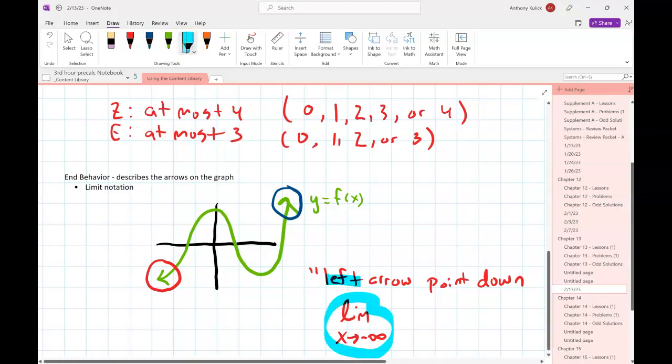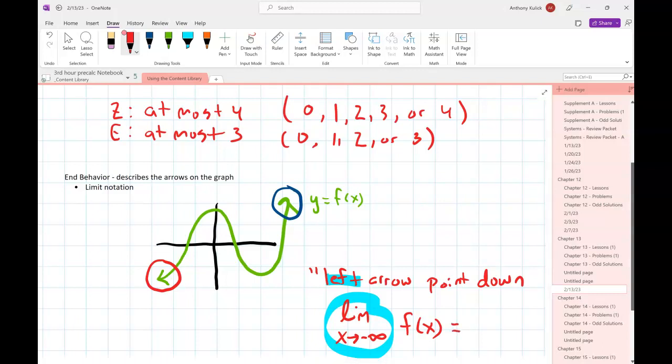This just means kind of left. And then we need the name of our function, in that case f of x. Then equals, and because it's pointing down, we'd say negative infinity.